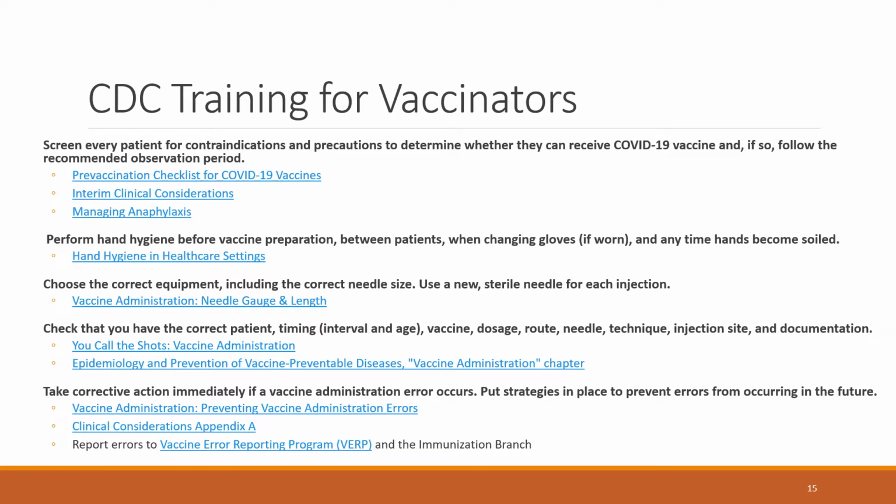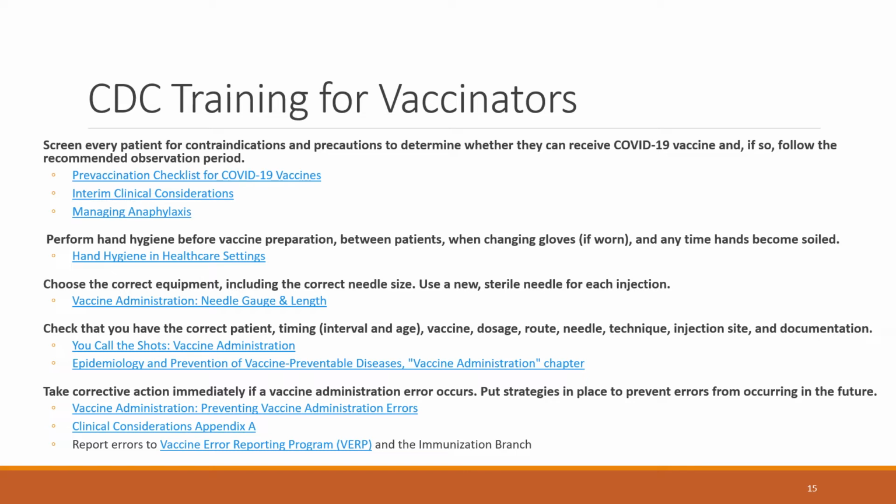Each vaccinator should be familiar with the CDC Interim Clinical Considerations packet. That packet contains information on many COVID topics and can be used as a guide to help answer patient questions. CDC also recommends that all vaccinators practice hand hygiene between each patient and maintain a clean workstation.